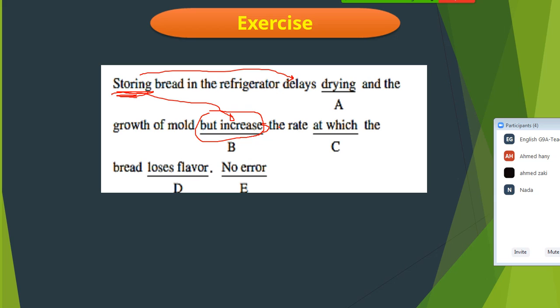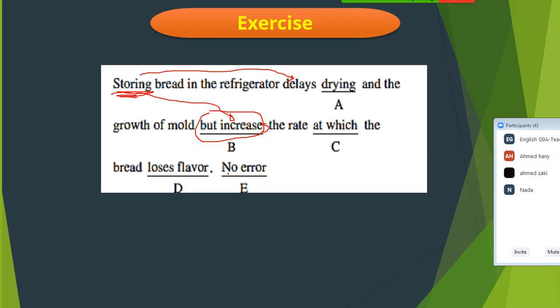It delays drying, meaning it delays the bread becoming dry, and it delays the growth of mold. But what is the second action? It increases the rate at which the bread loses flavor. The bread loses the flavor when you put it in the refrigerator. So I have two actions, delays and increases.